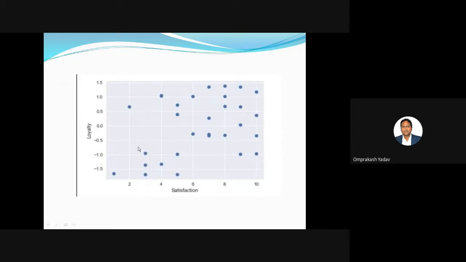So obviously the samples over here will have low loyalty because they are on the downside, and they are towards the left side, because the right side will be more satisfied customers and the upper side will be more loyal. So these people have very little loyalty, and they are very little satisfied.